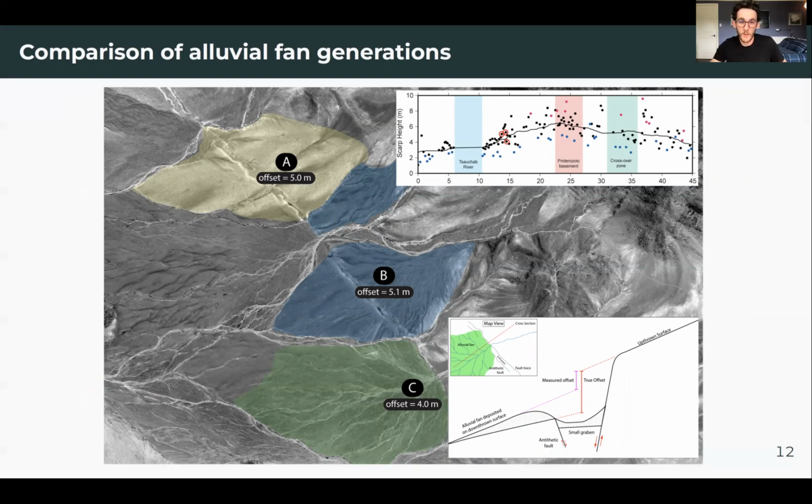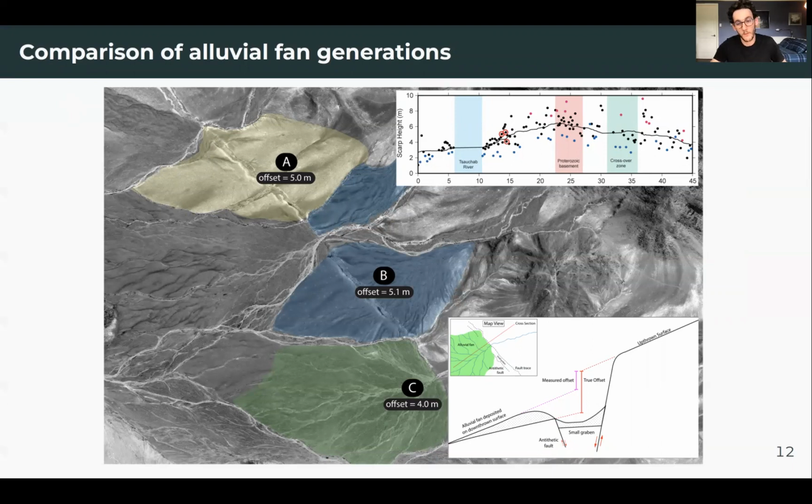So here is a little case study with three alluvial fans of different generations, A being the oldest, B intermediate, and C the youngest, to see if the older fan had accumulated more slip than the younger fans. A and B have pretty much exactly the same height.